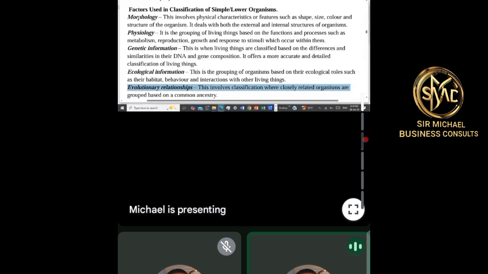So it could be both internal and external, and that is why we talk about morphology. The color of the eye could be an example, or the size and the structure that it has. That is what we're trying to explain, that morphology could be used to classify organisms into the same group.